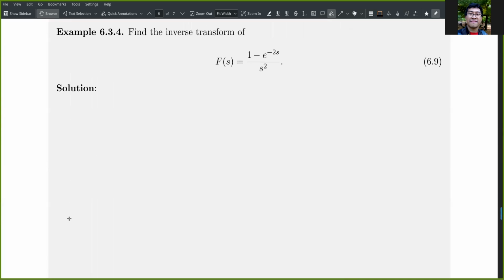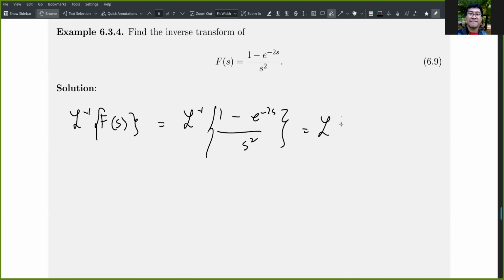Another example, find the inverse transform of F(s) equals (1 minus e to the minus 2s) over s squared. So we can write f(t), or the inverse Laplace transform, as the inverse Laplace transform of (1 minus e^(−2s)) over s squared, or 1 over s squared minus e^(−2s) over s squared.